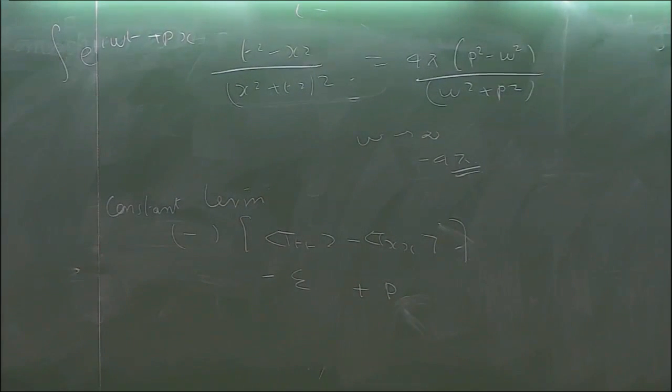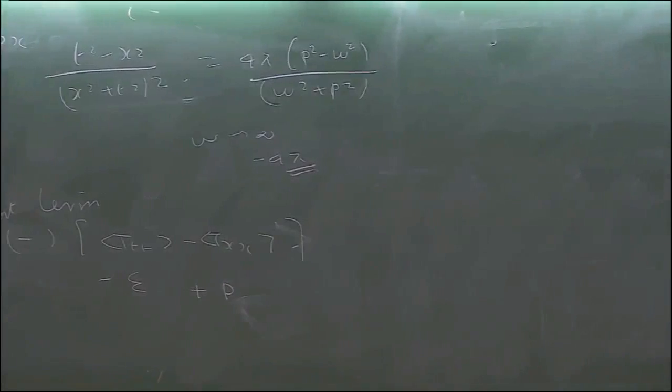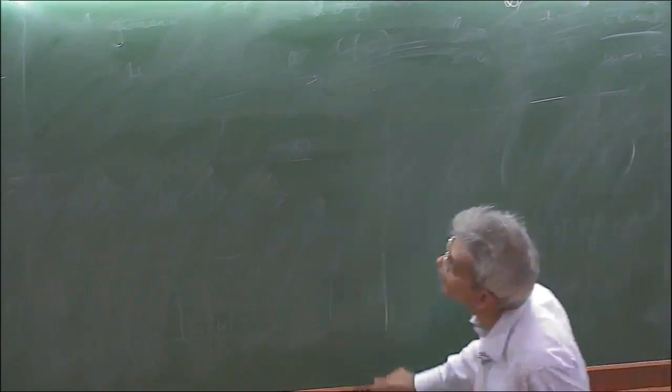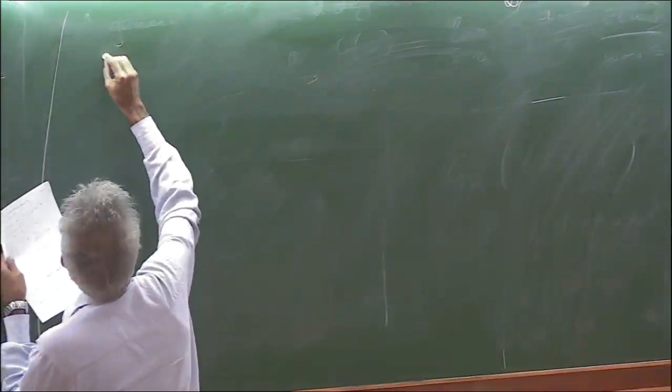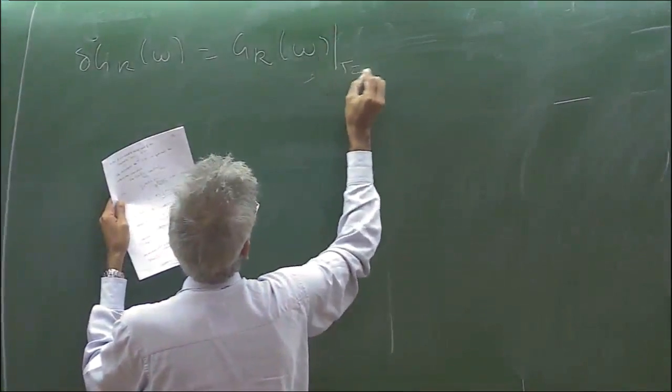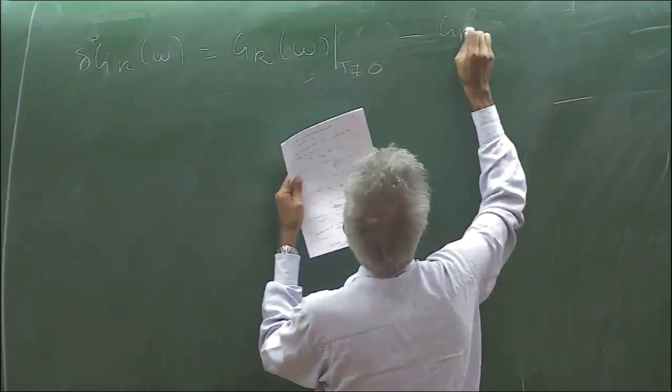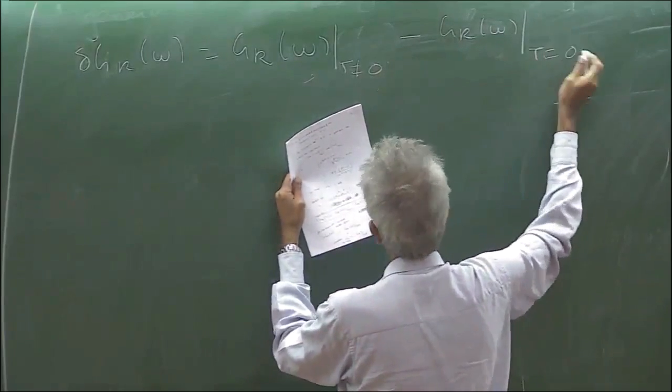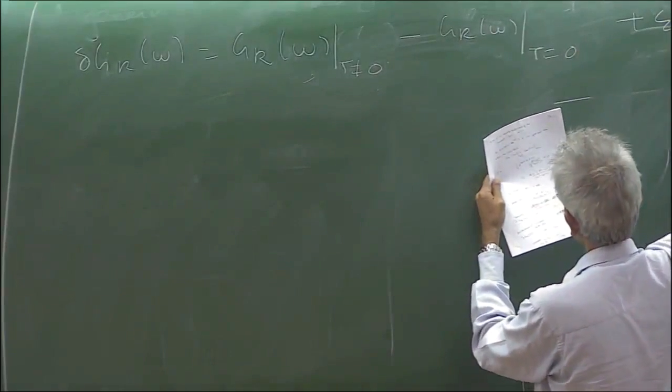That's the finite term, but we have to subtract out these finite pieces. So delta GR is basically, as I said, at omega, t not equal to 0, minus GR at omega, t equals 0, which removes that first term, plus epsilon minus p.